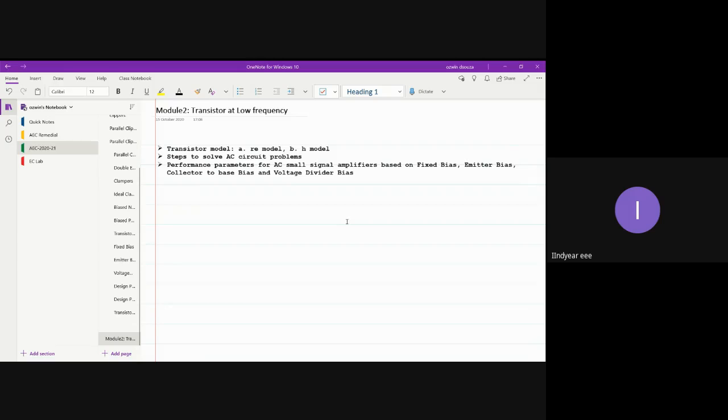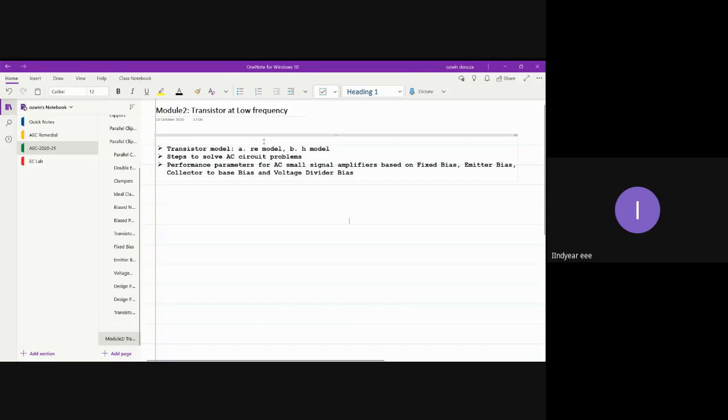Module 2 is all about transistor at low frequency. Majorly, in module 2, we will be dealing firstly with the equivalent circuit. There are two equivalent circuits proposed for a transistor.